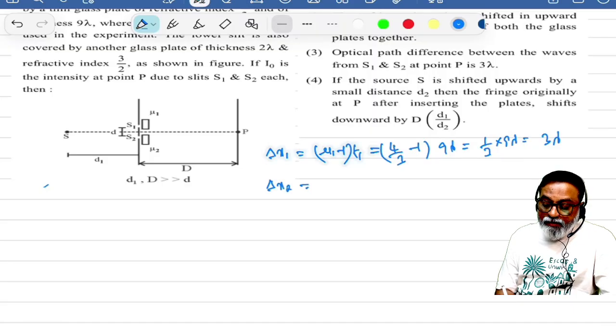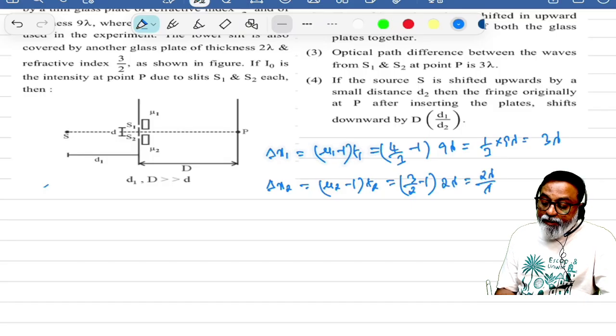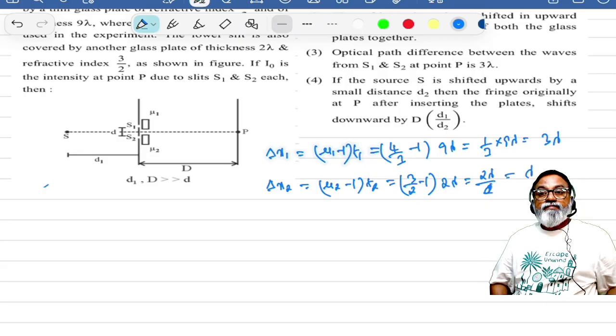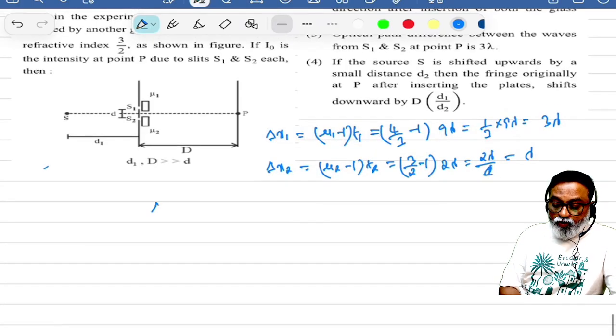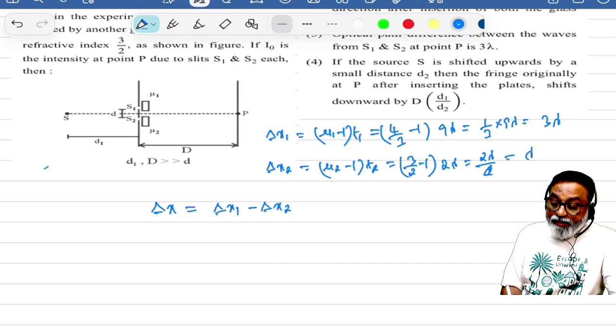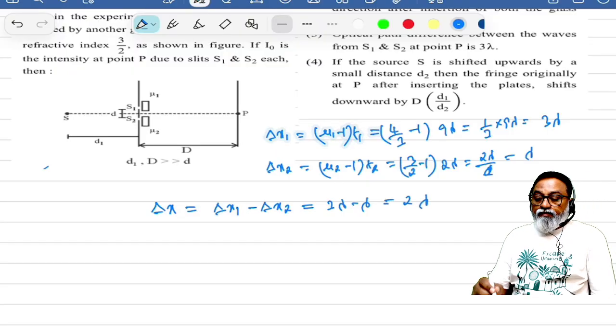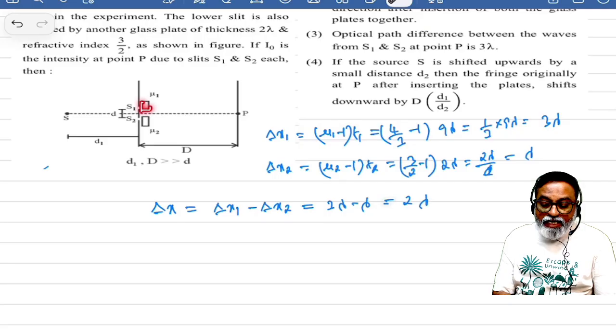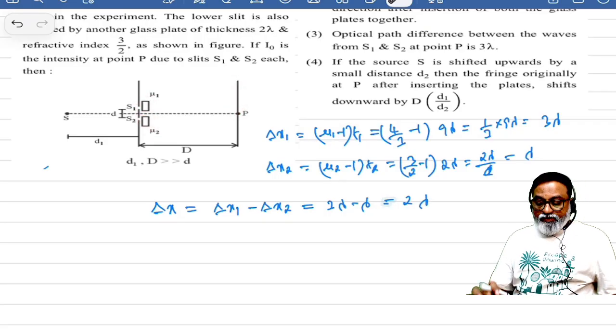And for the second glass plate, the path difference is (mu2 minus 1) into t2. Here mu2 is 3 by 2 minus 1 and thickness is 2 lambda. Therefore, this becomes 2 lambda by 2, which is lambda. Therefore, the net path difference due to these two glass plates, delta x, is delta x1 minus delta x2, that is 3 lambda minus lambda, which is equal to 2 lambda. The path difference due to the first plate is more than the second one, therefore the total fringe pattern shifts upwards.